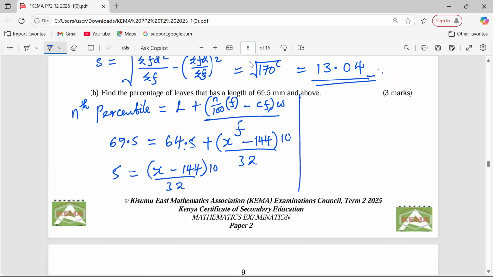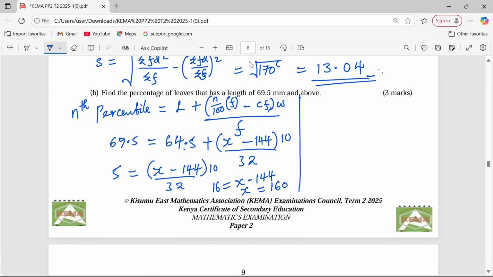Therefore, we can remain with x minus 144 by multiplying by 32 over 10. This is going to be 16. So 16 equals x minus 144. So the value of x now becomes 144 added to 16, giving us 160.